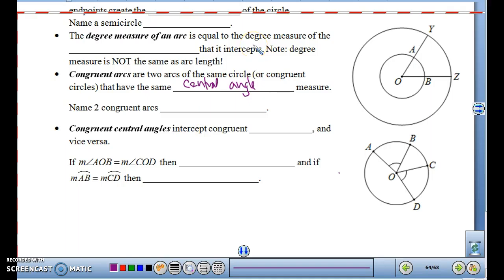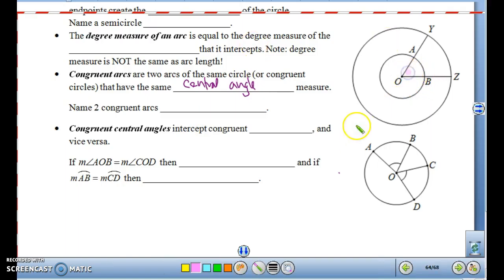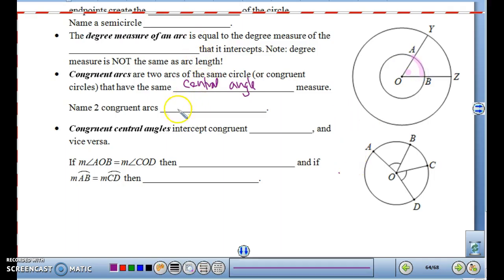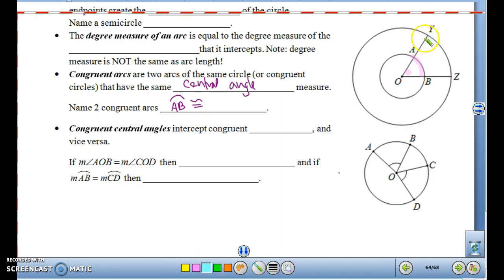If I look at my central angle right here, it creates an arc on this circle of AB. So arc AB, degree measure, will be congruent to arc YZ right here. Notice because the radius here and the radius here, they're both intercepting the two circles with the same central angle.